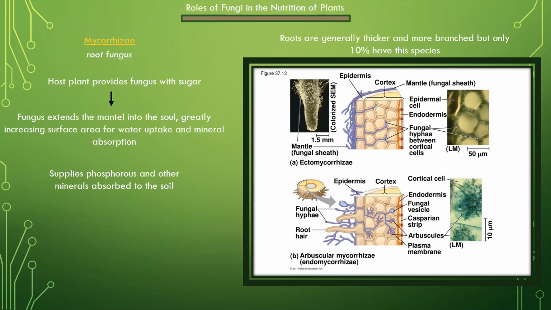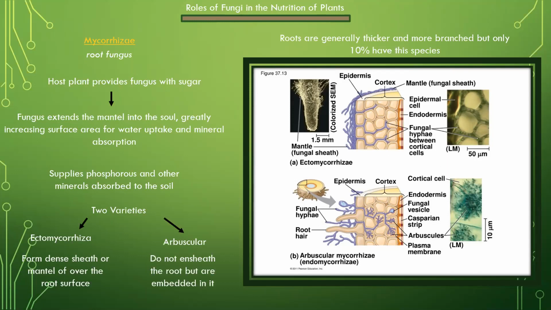So again, any excess material that the fungus have, they are going to be allotted and be taken by the plant around it. And so you have two different types of fungus. You have those that form a sheath and cover the roots of the plant. And then you have ones that are embedded, actually inside the different types of cells. So this one here, they are a dense sheath.